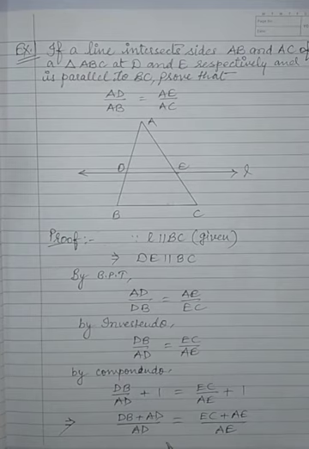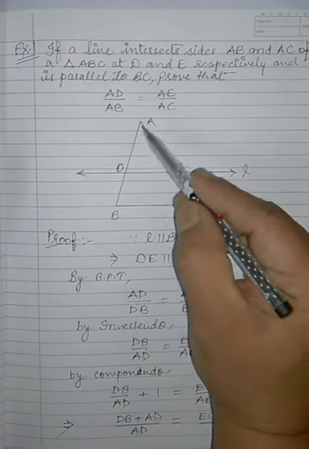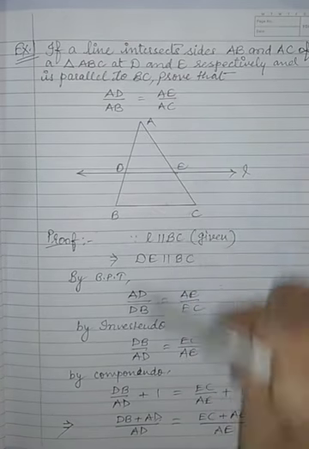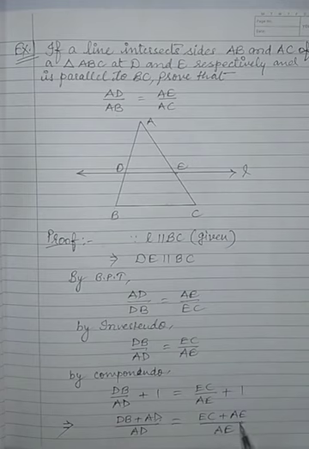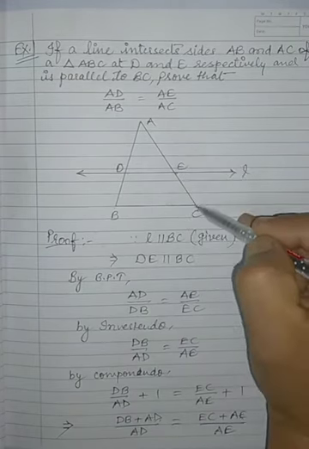Okay. Now before turning the page, let me tell you, DB plus AD becomes AB, and EC plus AE becomes AC.